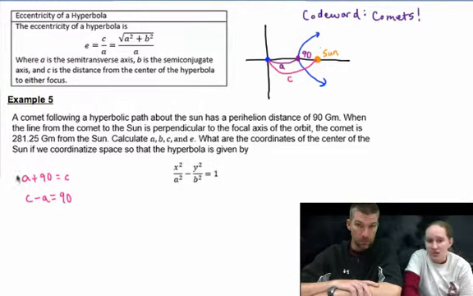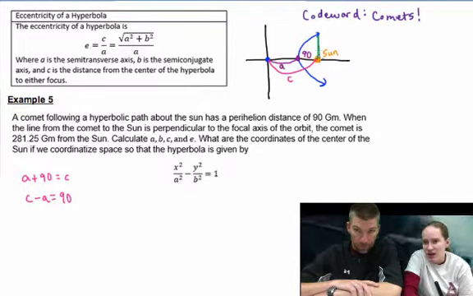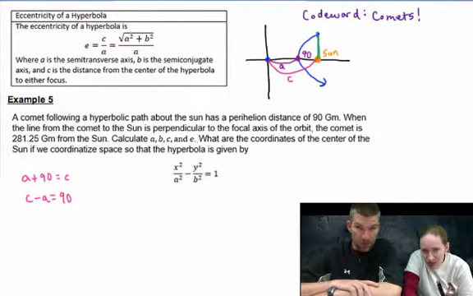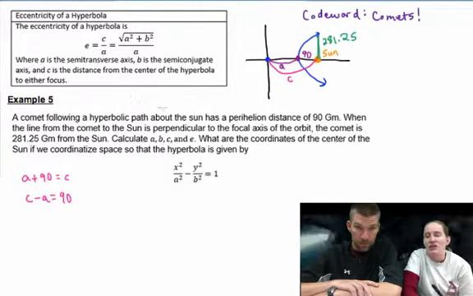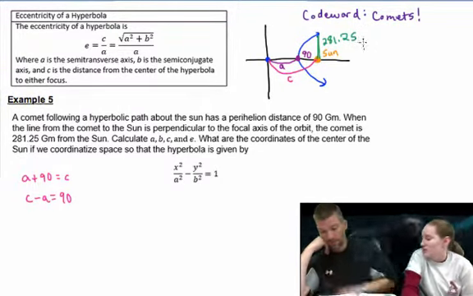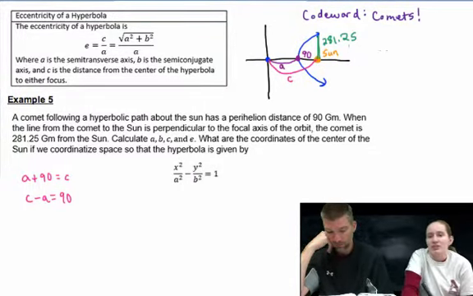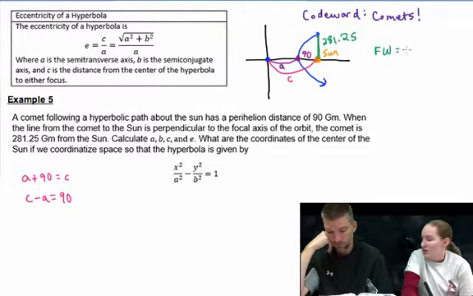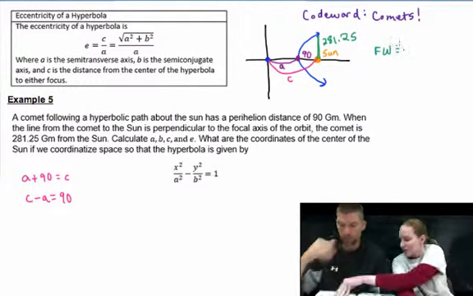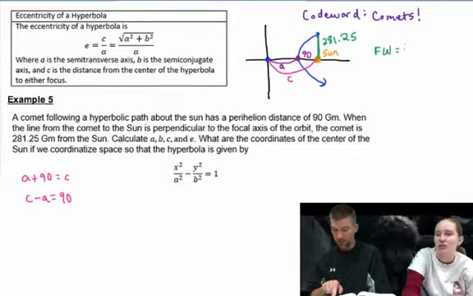Now that line is perpendicular to the focal axis. The focal axis is this way, and so perpendicular gives us this. So that's 281.25. We're just going to tell you something that's true: our focal width for a hyperbola is 2b squared over a.